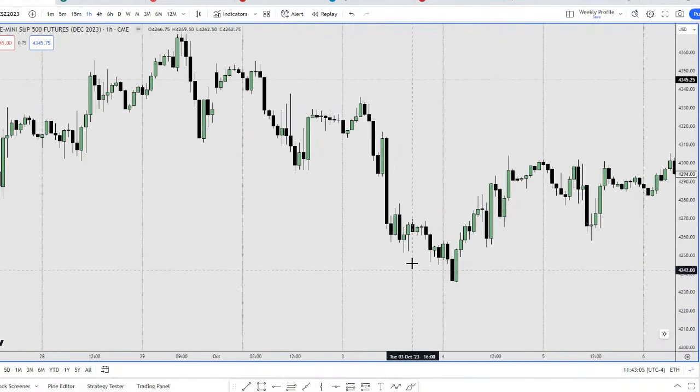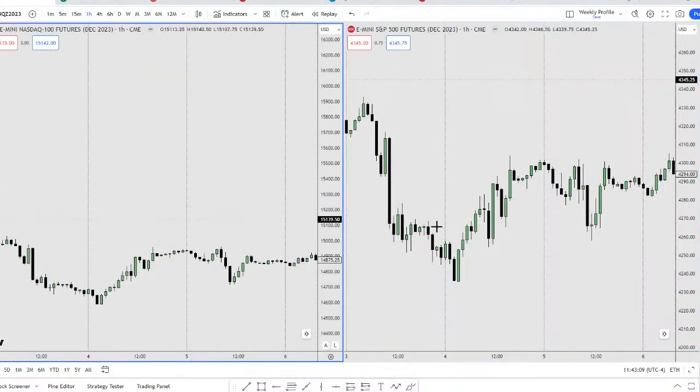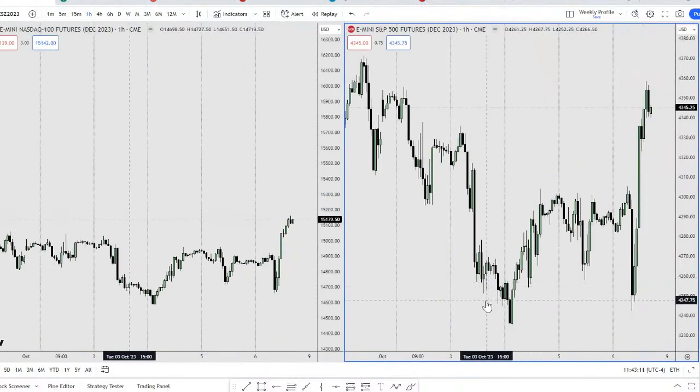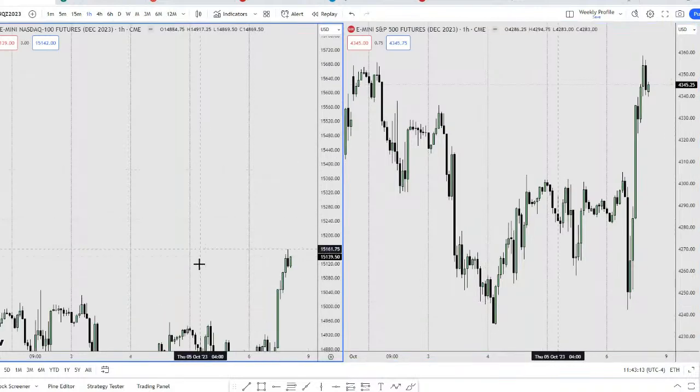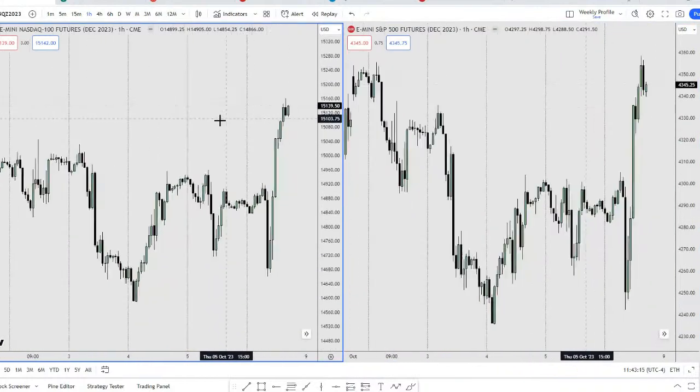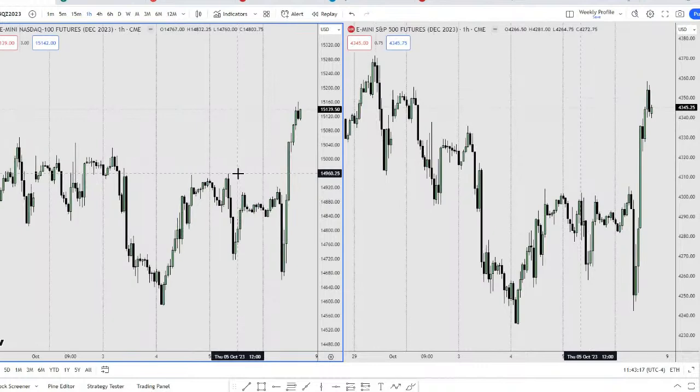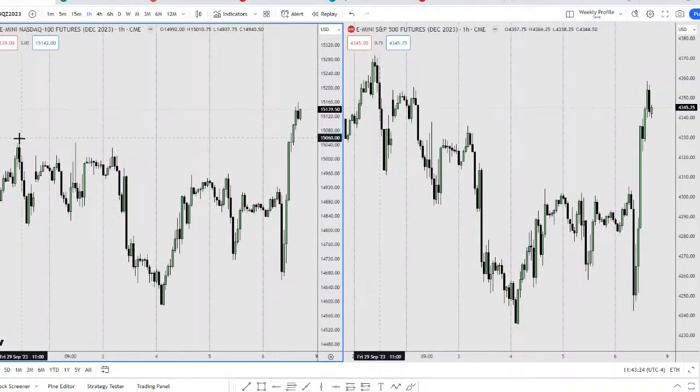Because when you look at Nasdaq, okay, compare and contrast Nasdaq. You look at the highs here for Nasdaq. Above this high is the weekly fair value gap.